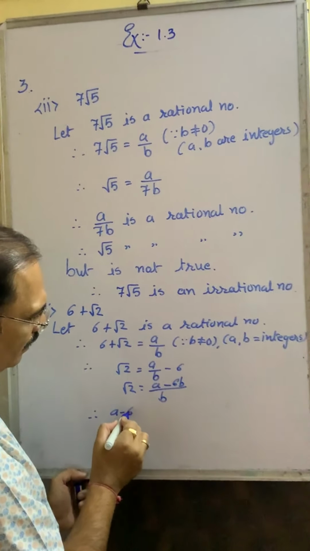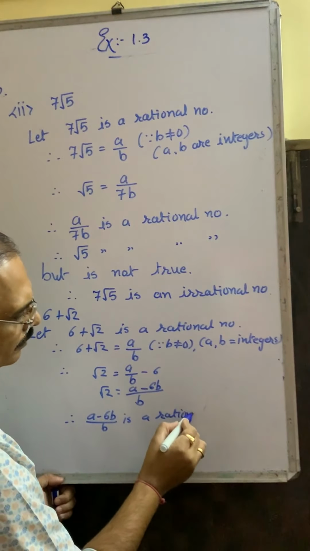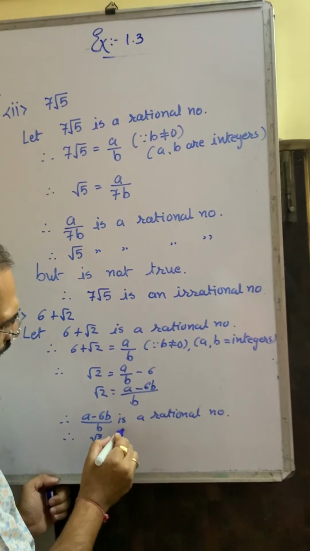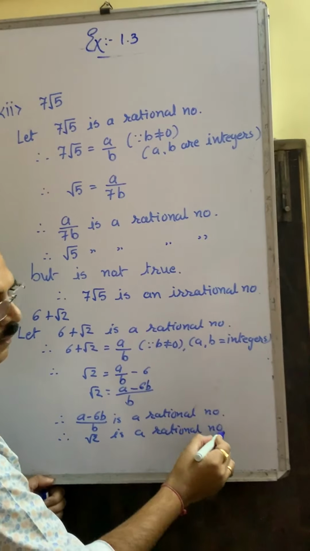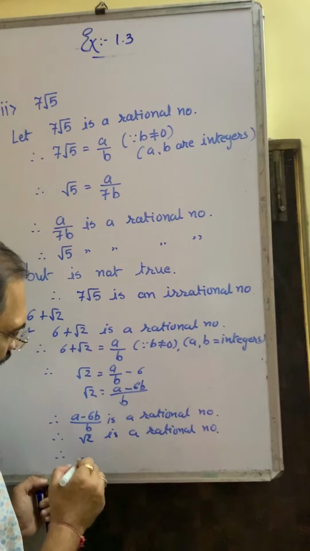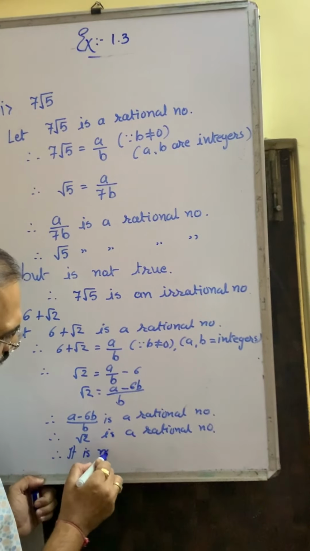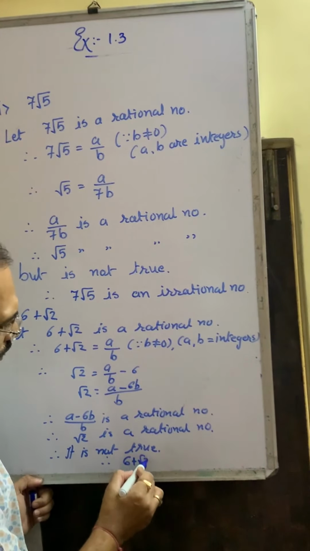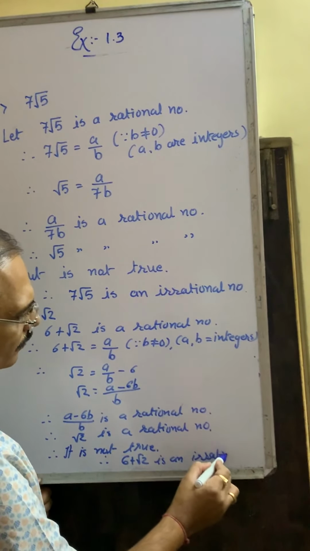It means a minus 6b upon b is a rational number. So root 2 is a rational number, but we have a theorem that root 2 is an irrational number, so it is not true. Therefore, 6 plus root 2 is an irrational number.